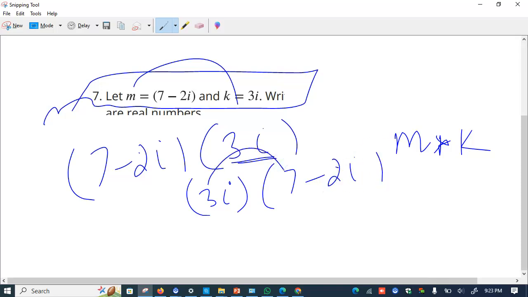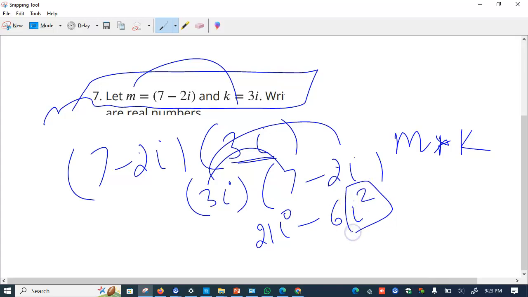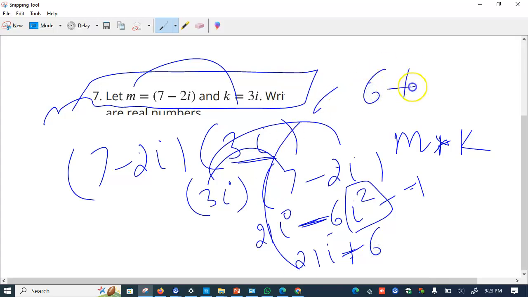Now 3i and this will give you 21i, and this will be minus 6i squared. But i squared is -1. So what you get is minus and minus become plus 6. But then you need to write in the right order, which is plus, just to show that this is a plus bi form.